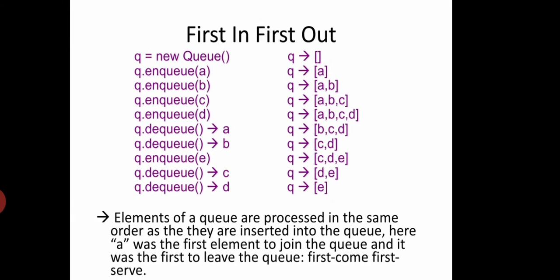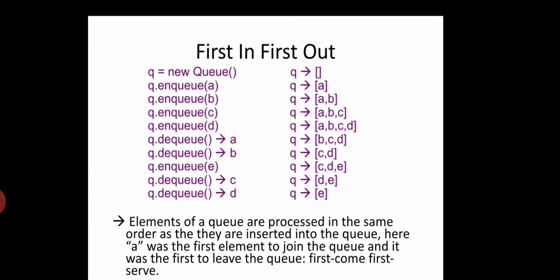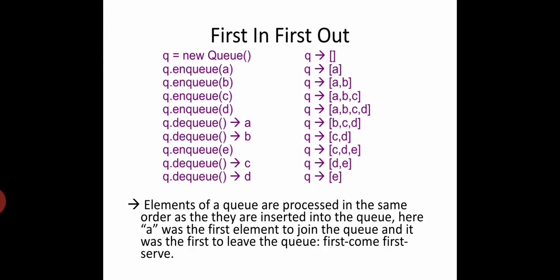That is first in first out. You are viewing the first in first out mechanism. The first element which is inserted into the Q is deleted first. Elements of a queue are processed in the same order as they are inserted into the queue.